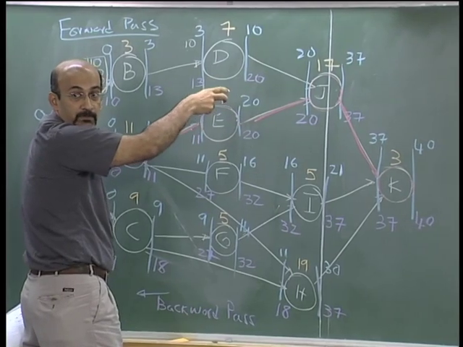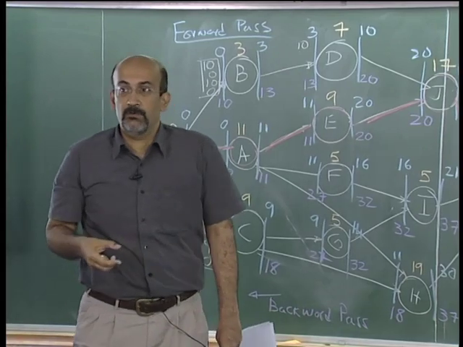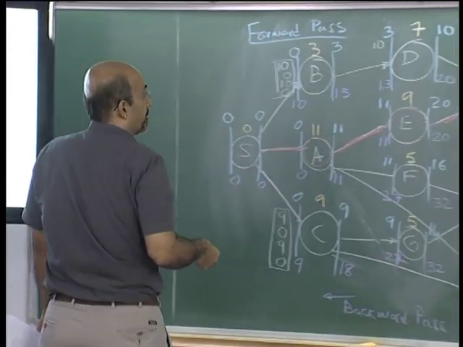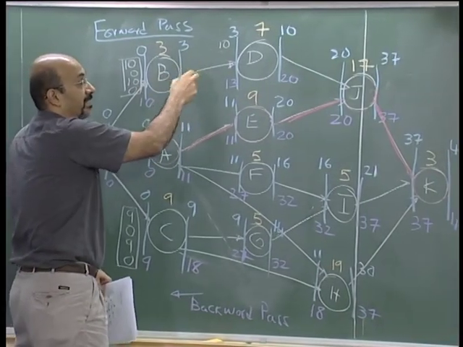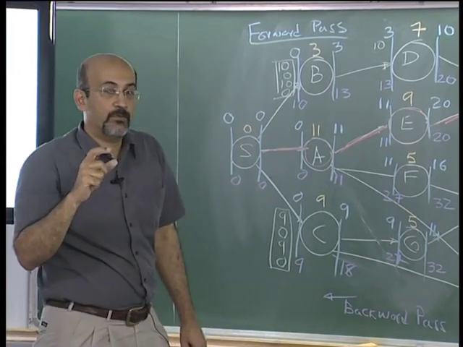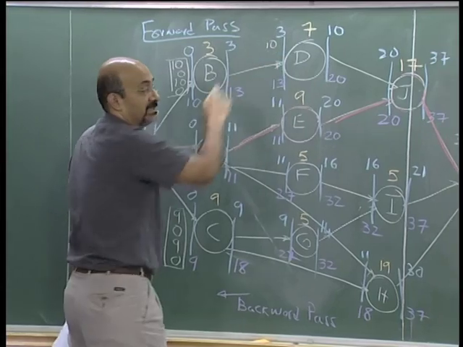If D has free float, how come B doesn't have free float? Whenever I move B, D moves, so free float belongs only to the activity. When we talked about total float, B has 10 days, D also has 10 days.